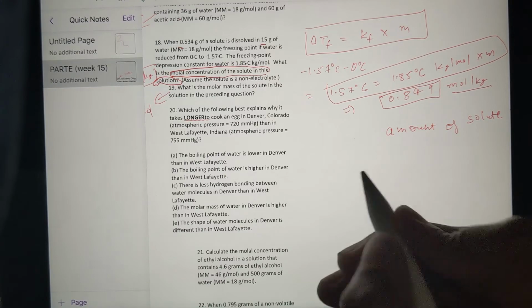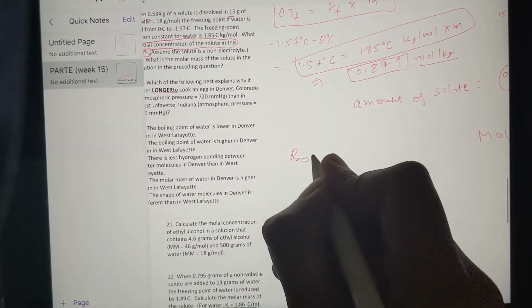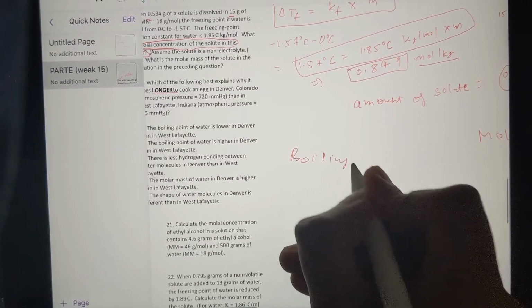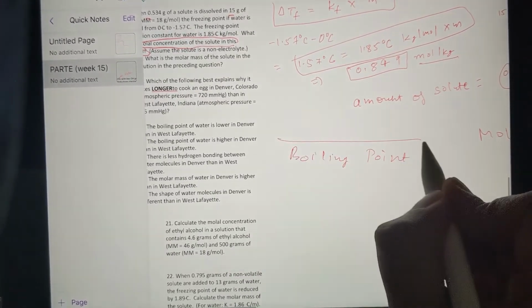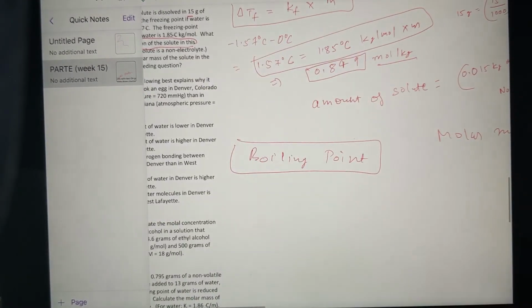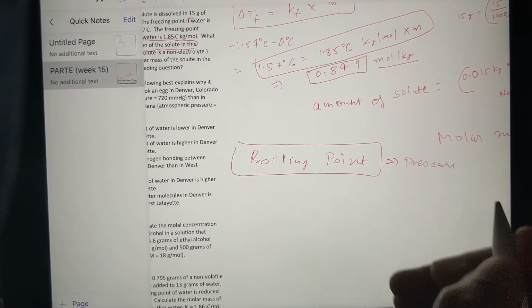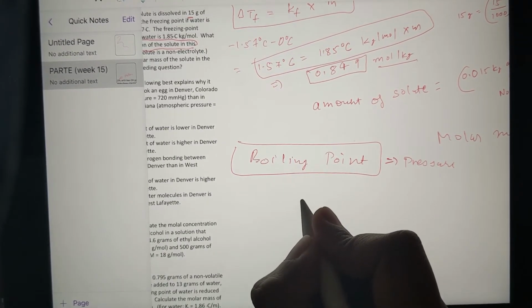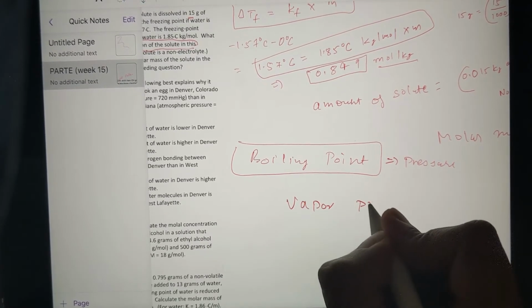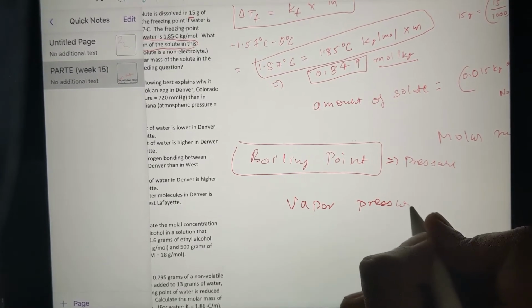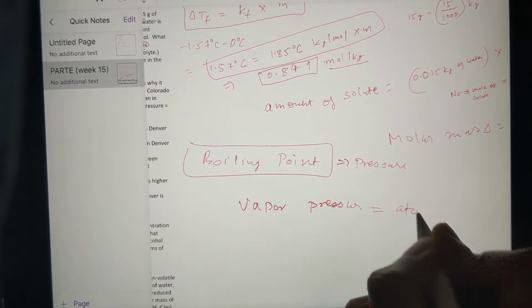So the boiling point is defined as the temperature at which the vapor pressure is equal to atmospheric pressure.